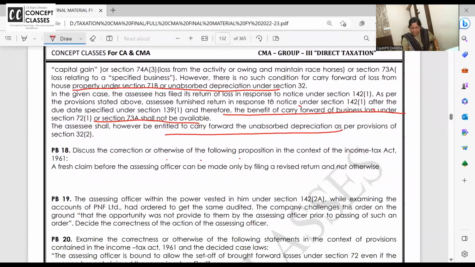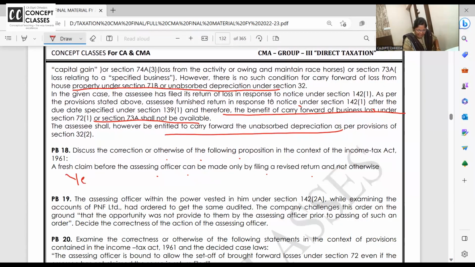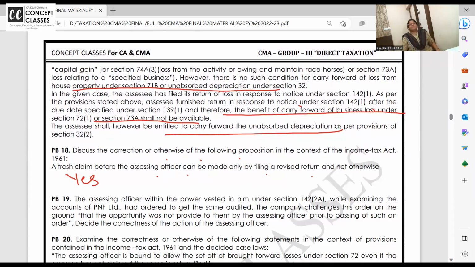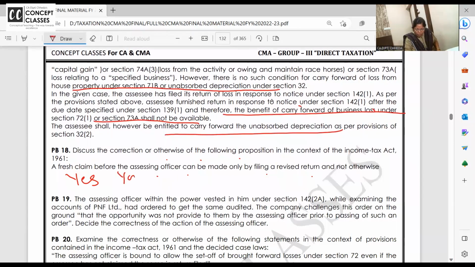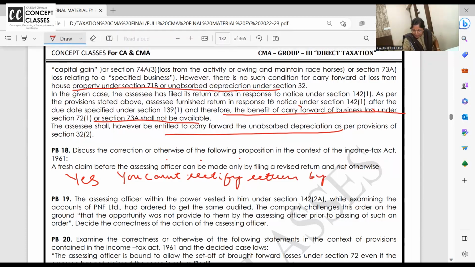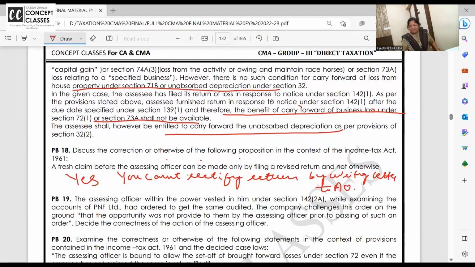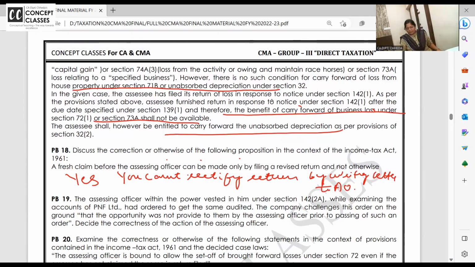Discuss the correctness: otherwise, a fresh claim before the AO can be made only by filing a revised return and not otherwise. Answer is yes. You cannot rectify the return by writing a letter to the AO. Write this answer. This has come before, so I remember the dialogue as well. 6 marks is the weightage of this topic.